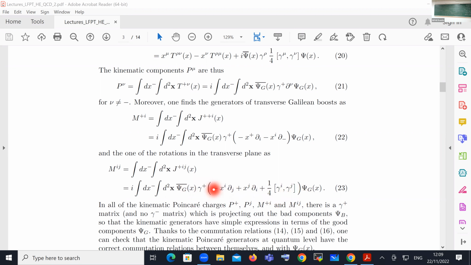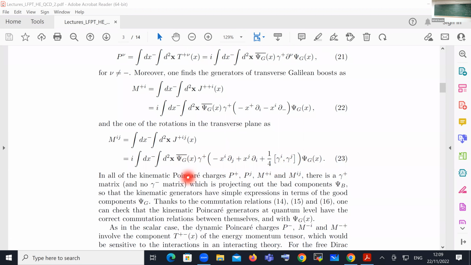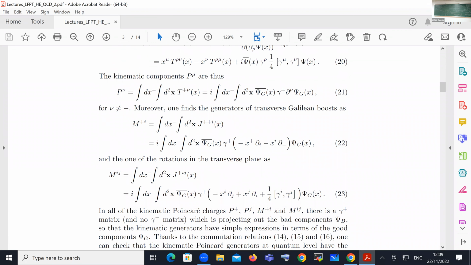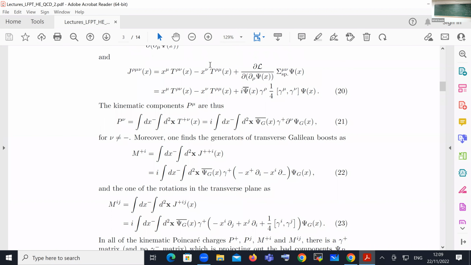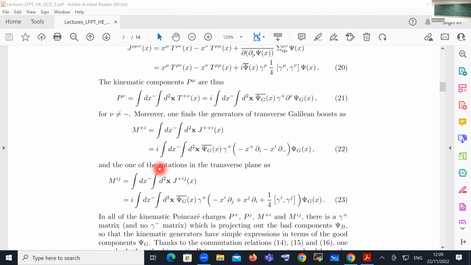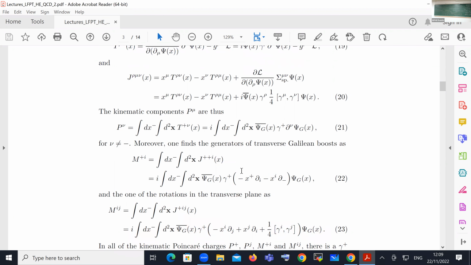And because of that, again, the bad components are projected out. We get only the good components. So you see that all these Poincaré charges associated with kinematical transformations, which preserve the plus equal constant light-front surface, can be expressed in terms of the good component of the spinor field only.